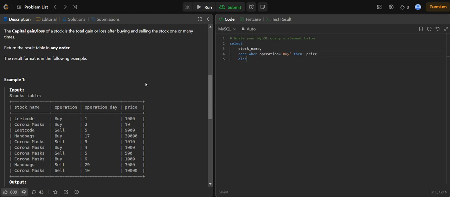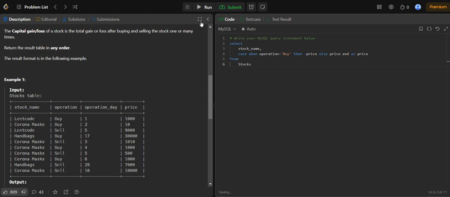Else price. End as price, from the stocks table. And then group by. I can do a group by, or I don't need to group by now.